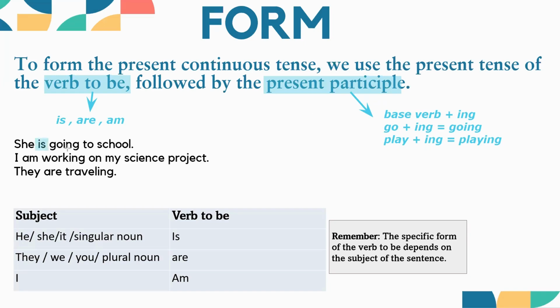So let's look at our example. She is going to school. So remember, if you want to be informal, you can use contractions. So instead of she is going to school, we could say she's going to school. I am working on my science project.